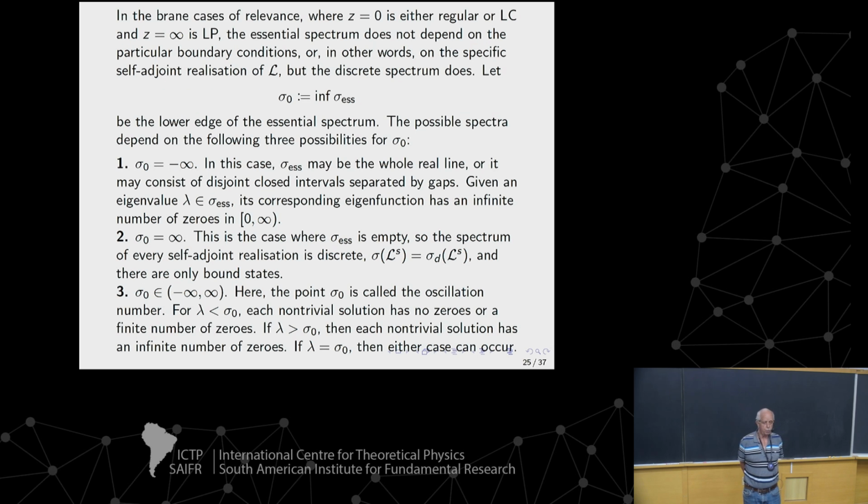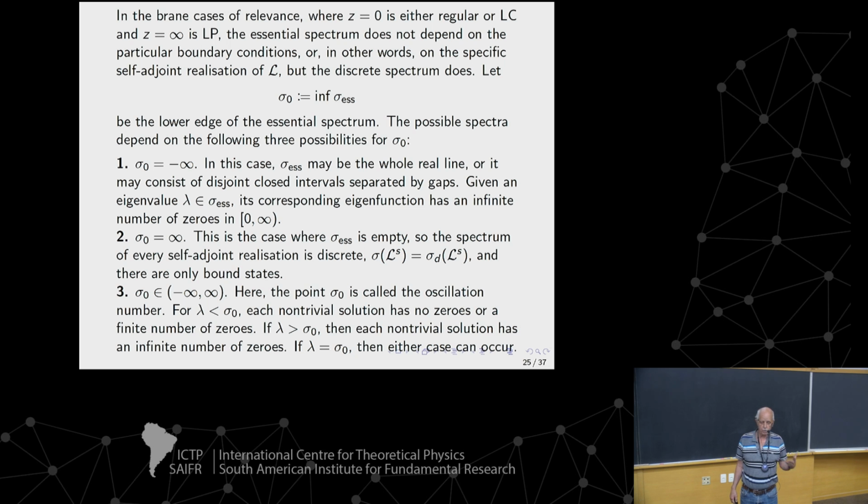So in the cases that we are interested in, where z equals 0 is either regular or a limit circle, and z equals infinity is a limit point, indeed, we see the essential spectrum doesn't depend upon the particular boundary conditions on the specific self-adjoint realization of the Sturm-Liouville problem, but the discrete spectrum does. Once you're into the continuum, it's basically delta function normalizability, and it's not very complicated.